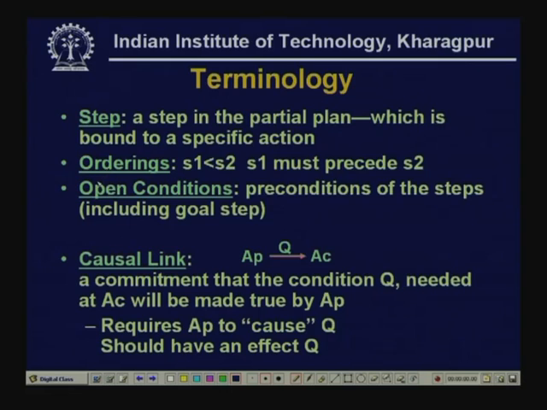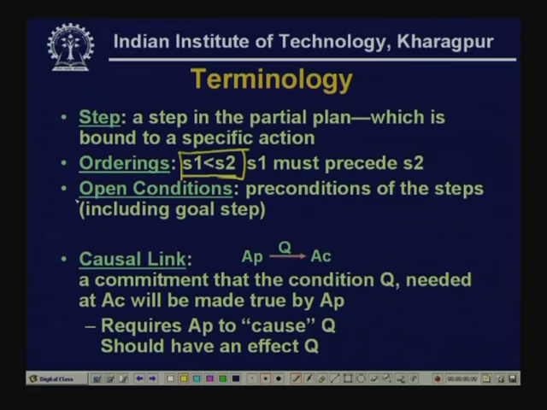Then in a partial plan, we will have orderings of the form S1 before S2, which means S1 must precede S2. If S1 is an action and S2 is another action, action S1 must come before action S2. It may come immediately before the action S2 or sometime before the action S2.